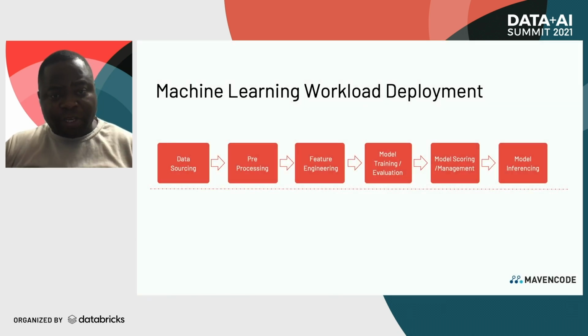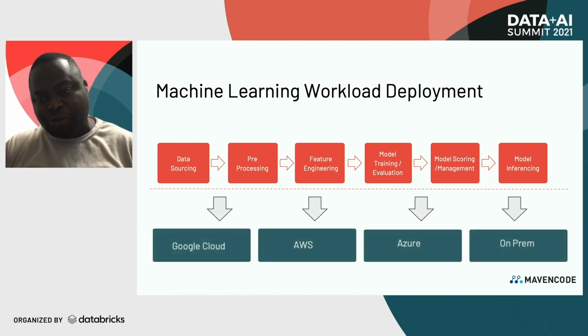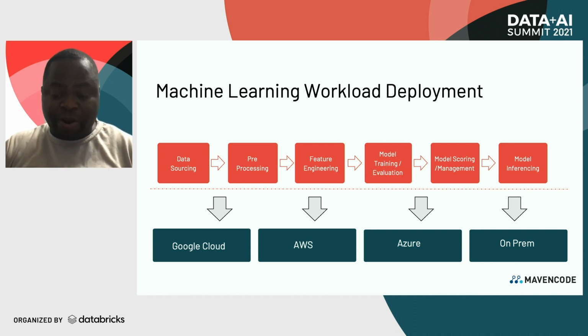In terms of this machine learning workload deployment, you can have all these steps that we've put together right here, the pipeline. You can do this on any of the clouds, like Google Cloud, AWS, Azure, and this also can be done on-prem.